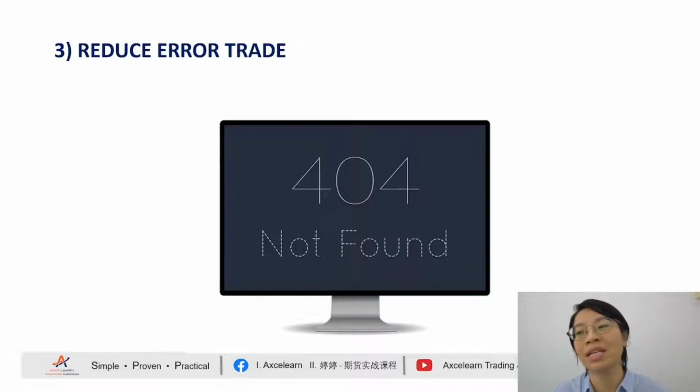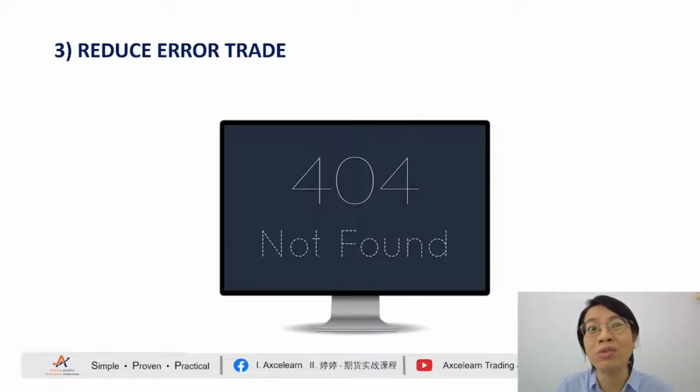If you are losing money, your losses will be reduced. If you are making a small profit, your small profit will become a big profit. So you must reduce your error trades, and please don't underestimate them because they can cause a lot of your losses.